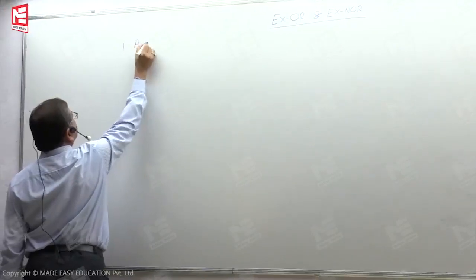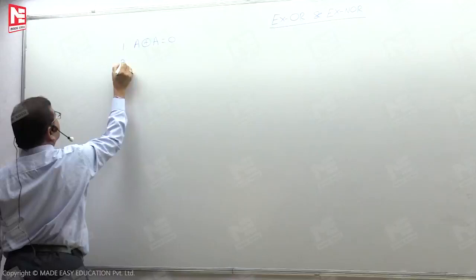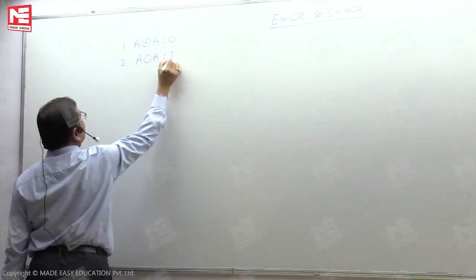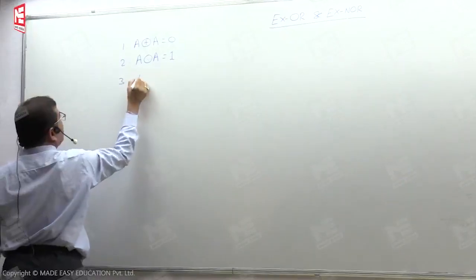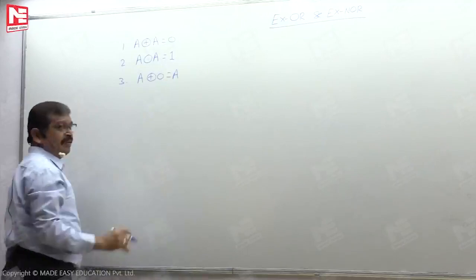A exclusive OR with A, it is 0. A exclusive NOR with A, it is 1. A exclusive OR with 0, it is A.